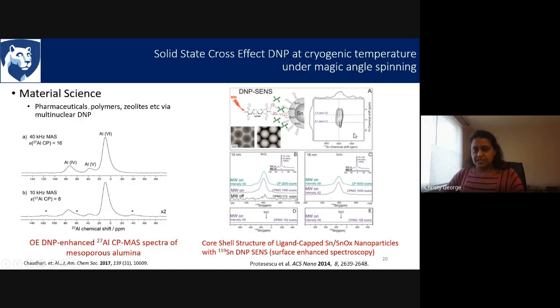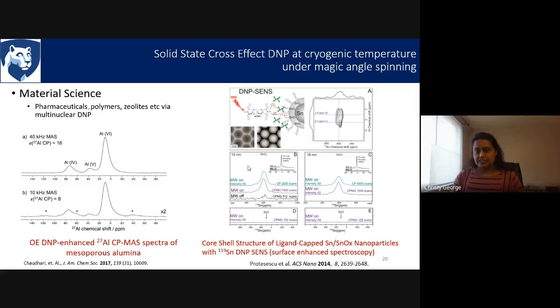Now, here I'm showing one application study that I have taken from literature to study the core shell structure of a nanoparticle. This is a tin based nanoparticle. These nanoparticles were characterized using Mössbauer spectroscopy. From the Mössbauer, they were able to detect that there were two types of tin oxides in this nanoparticle.